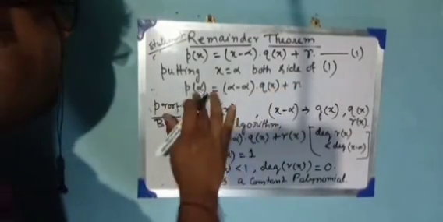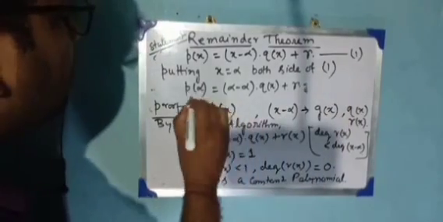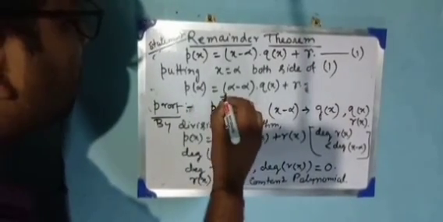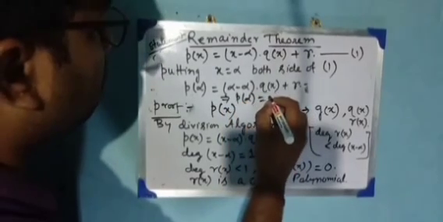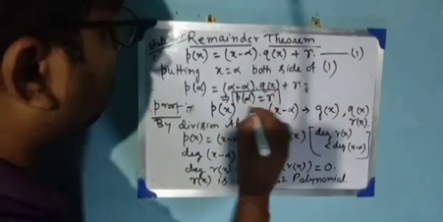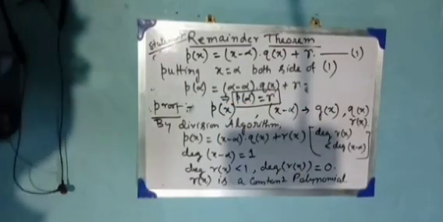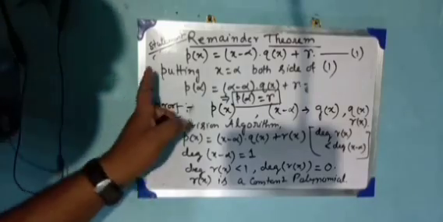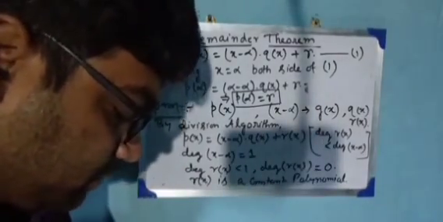From this line it implies that P(alpha) equals r, meaning the remainder will be P(alpha). So this is the statement and proof of the remainder theorem.